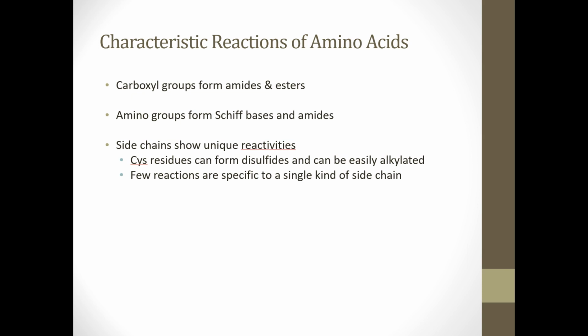And we also have some unique side chain reactivities, likely the most important of which is cysteine, because cysteine residues can form disulfide bridges which covalently link distant cysteines very close to one another three-dimensionally, although in terms of placement in the long polymer of the protein they can be quite distant. So it can really strongly dictate some of the conformation of the protein.